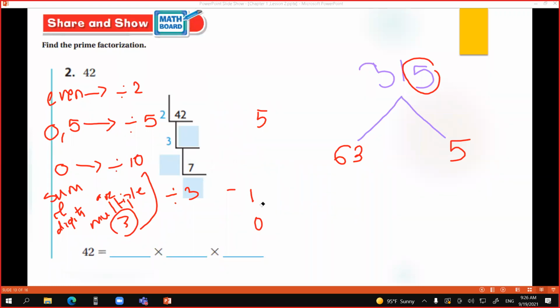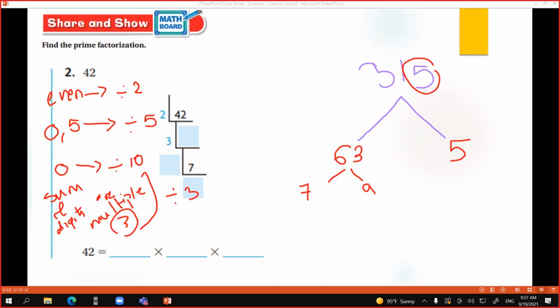By this way, I can make it easier. Now find two factors of 63. Yalla, give me two factors of 63. 7 and 9.